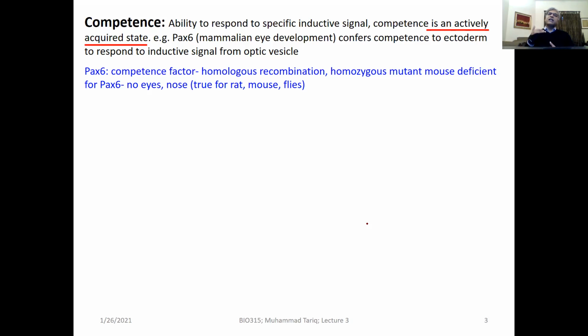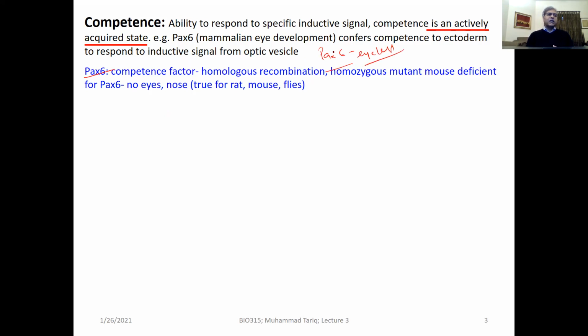When the signal comes in, the responder cells respond by activating PAX6. So PAX6 is the competence factor here. How do we know that PAX6 is the competence factor? The homologue of PAX6 in fruit fly is called eyeless.